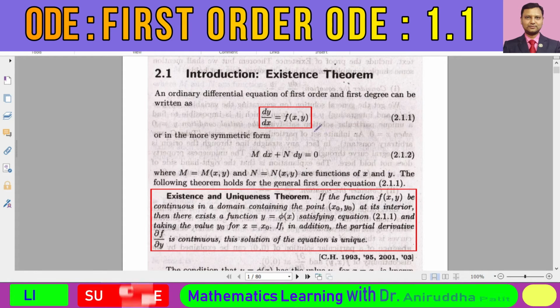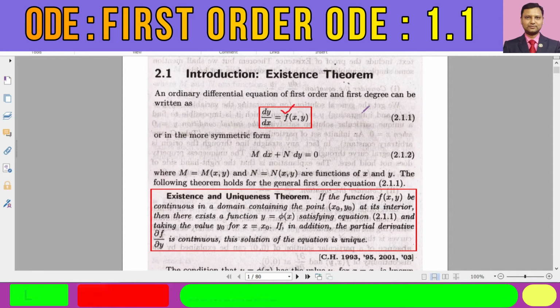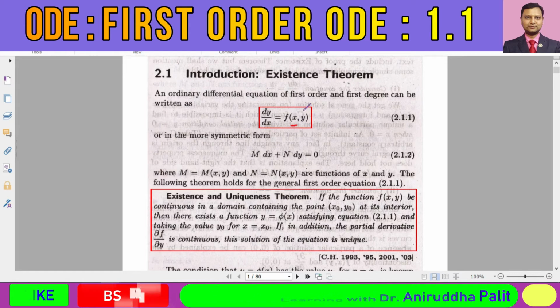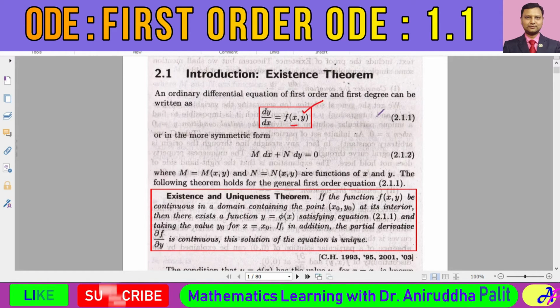The statement says that f is actually a function of two variables. One is this variable x, another is this variable y.